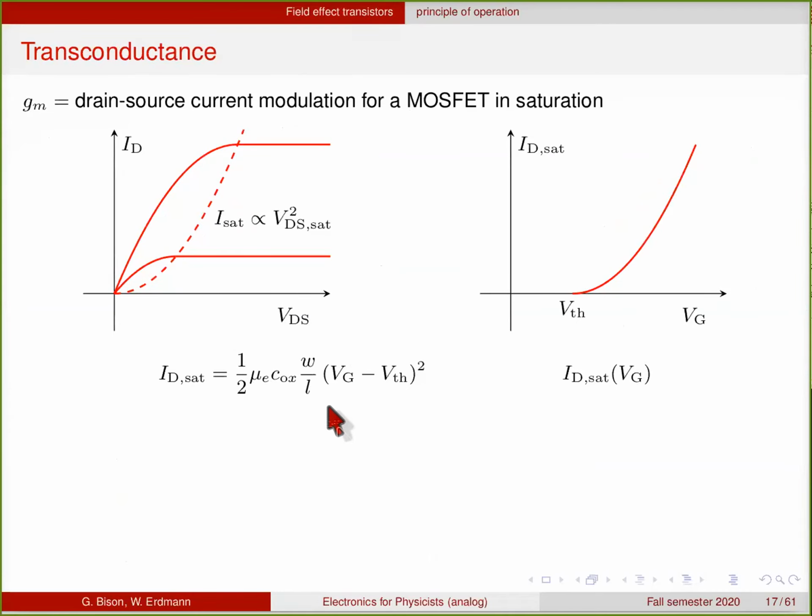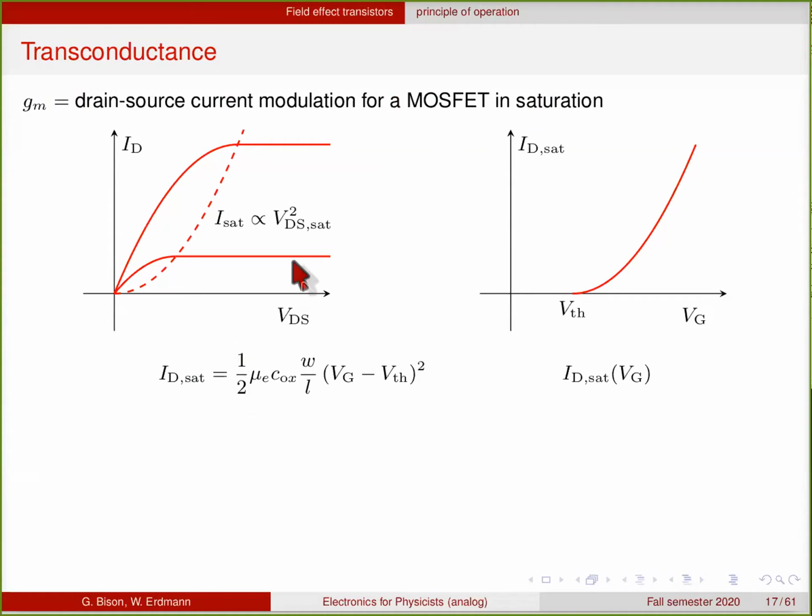But we'll just stick with the idealized version here and look at the first, or the most important, small signal parameter, the transconductance. So GM is the modulation of the drain current by the gate voltage.